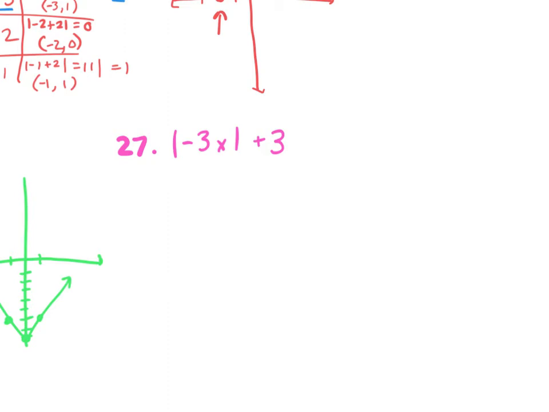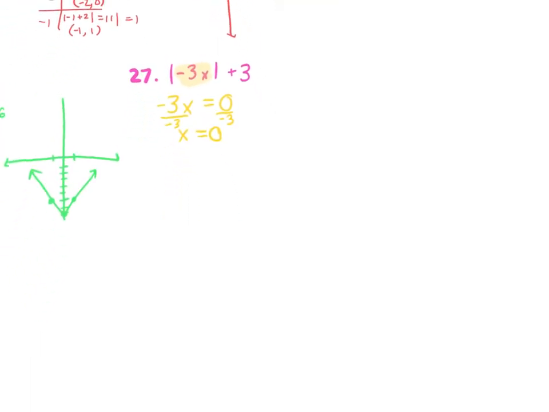We set the inside part equal to 0. So negative 3x is equal to 0. So then what do we get for x? If we divide both sides by negative 3, what's 0 divided by negative 3? 0. So what's the first number we're going to plug in? 0. And then we need a number bigger and a number smaller.